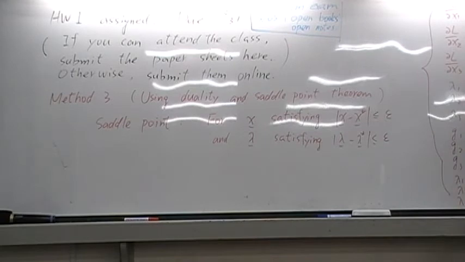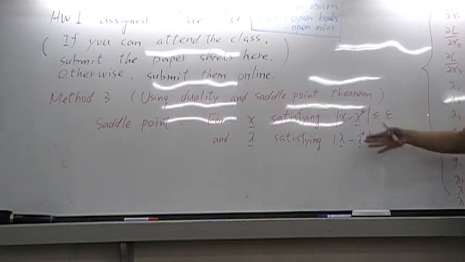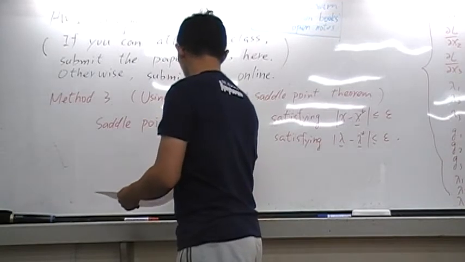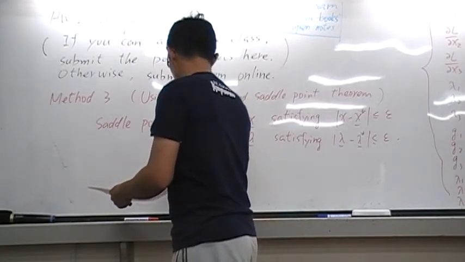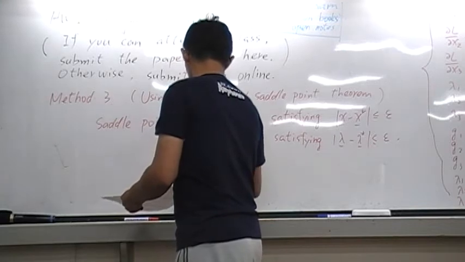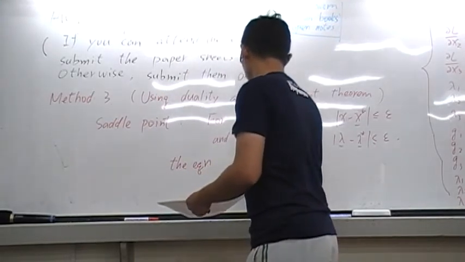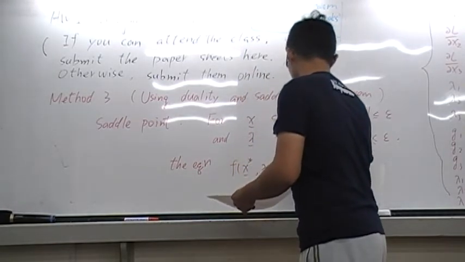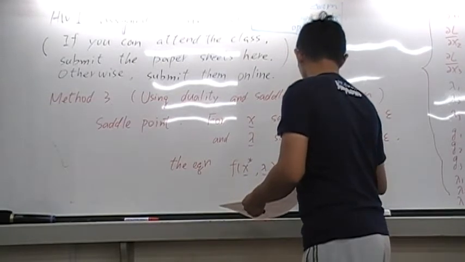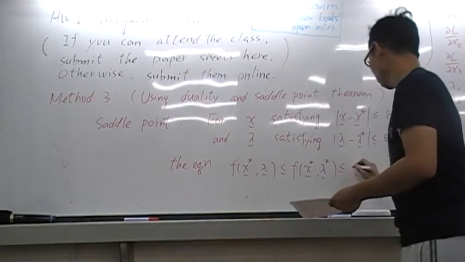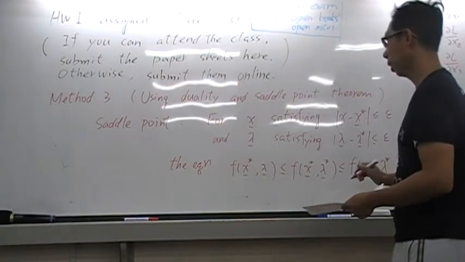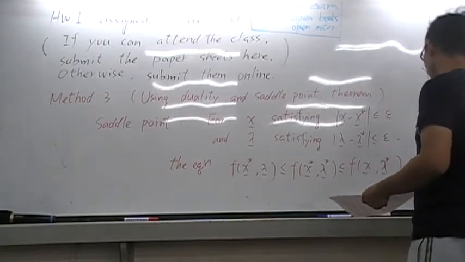Anyways, it means that within the vicinity, that is near the point x star and lambda star, the equation f of x star lambda less than f of x star lambda star less than f of x lambda star holds.